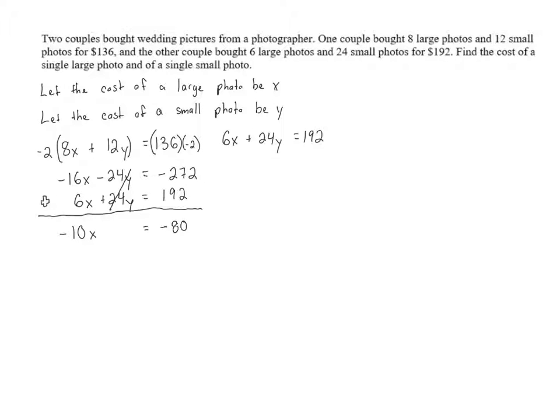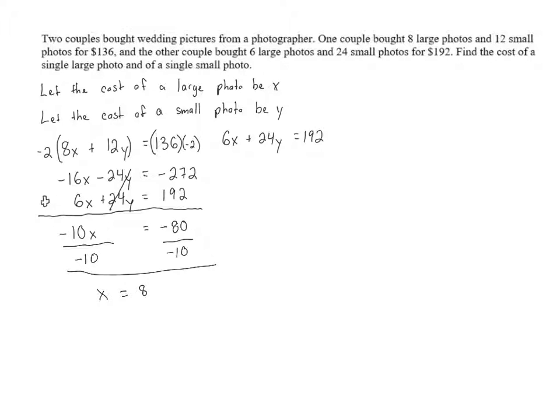So we've got negative 10x equals negative 80. To get x alone, we divide both sides by negative 10. That leaves us with x on the left-hand side, and negative 80 divided by negative 10 gives us positive 8. So we have x equals 8.